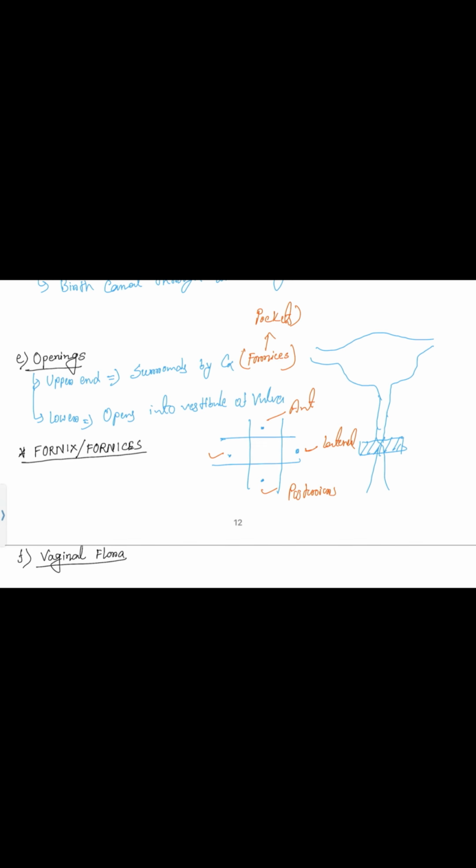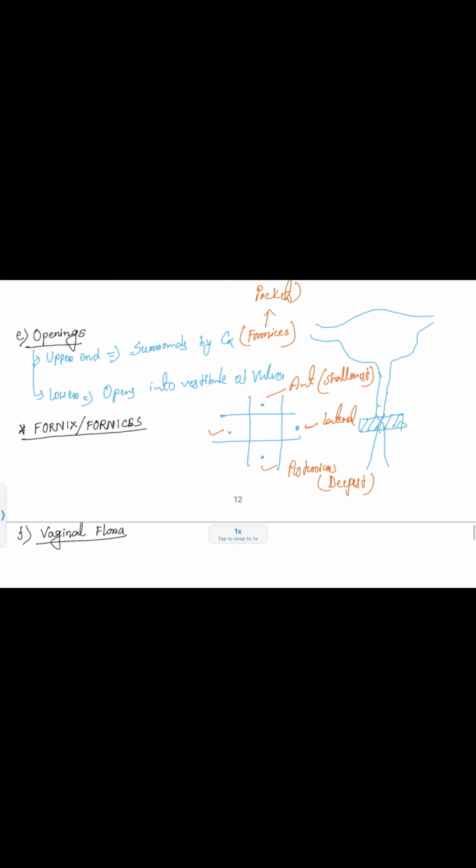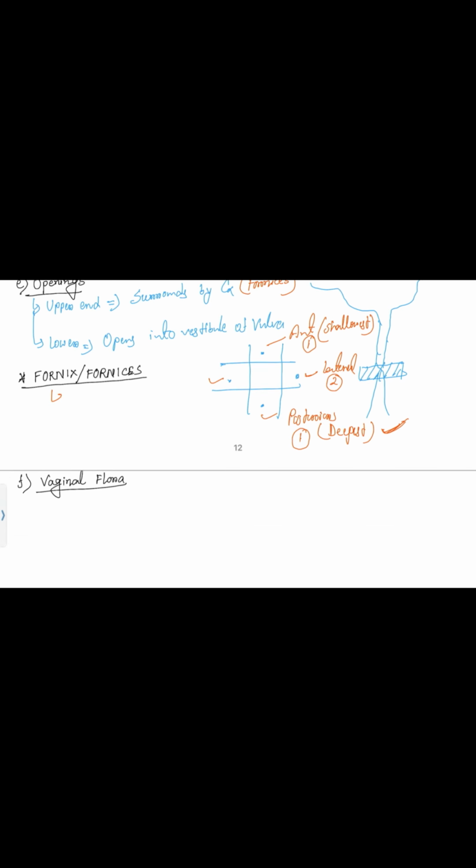From here you just need to remember that the posterior pocket is the deepest one and the anterior is the shallowest one. So from these fornices you need to remember a total of 4 fornices: 1 anterior, 2 lateral pockets and 1 posterior pocket. The posterior fornix is the deepest one and the anterior fornix is the shallowest one.